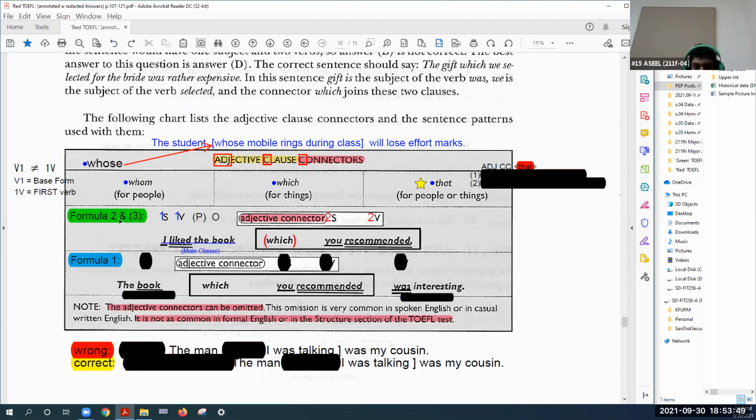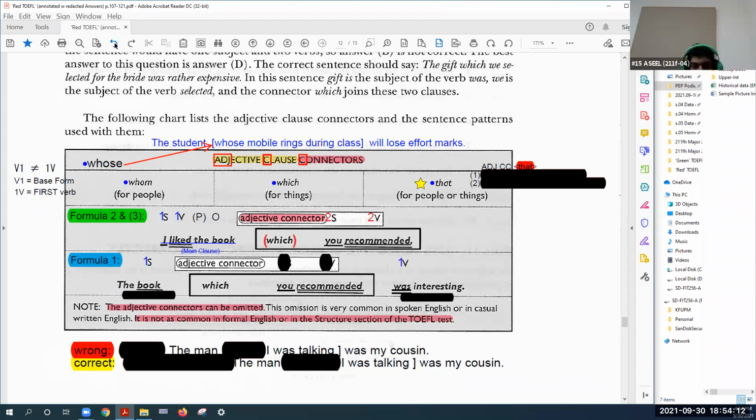Subject. Explain it. What is the book? The subject. Is it the first subject? Aha, the first subject. Now find the first verb. You must match it. Was interesting. Very good. And then continue, please.